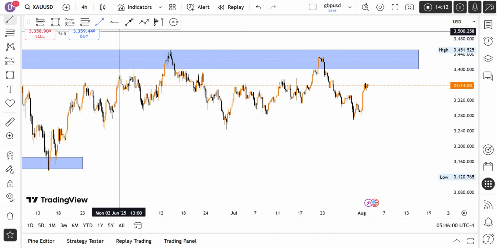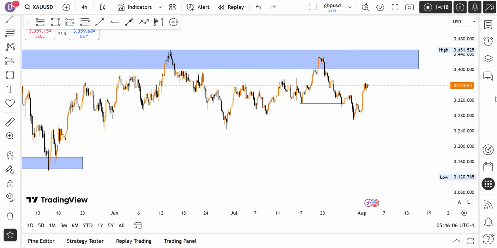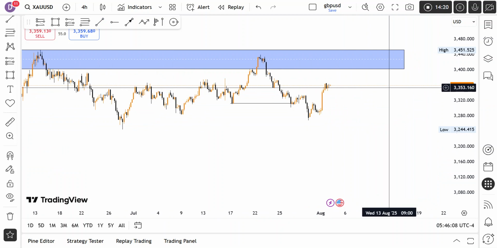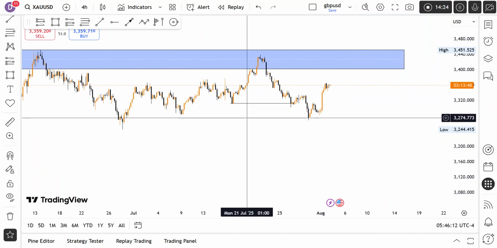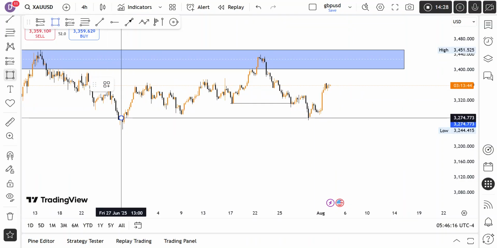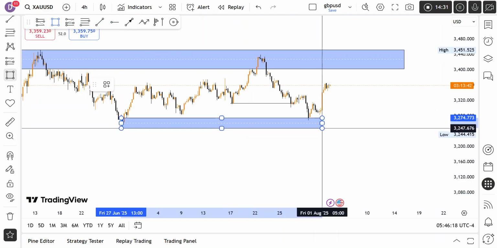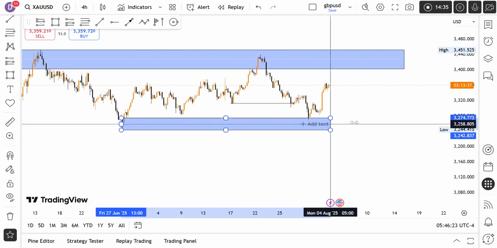Well, this is the zone. But internally, what we are seeing here is this is a good zone to look at. This is the zone. Demand for the market. We have a break.